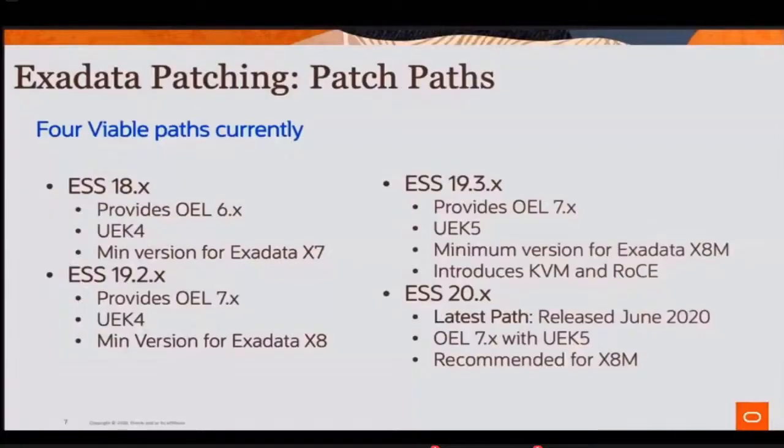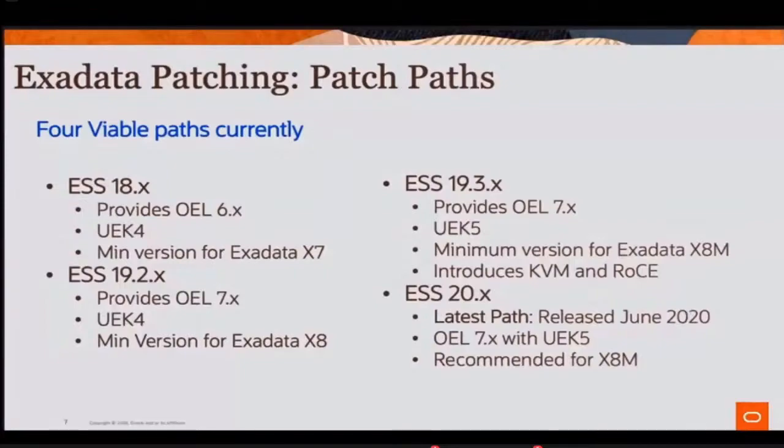ESS 19.2.x is the first patch released with OEL 7. However, with UEK 4, this is also the minimum version of patch supported on an X8. So if you're a customer with an X8 Exadata or below and need to be on OEL 7, but want to remain on UEK 4, then ESS 19.2.x is the path for you.